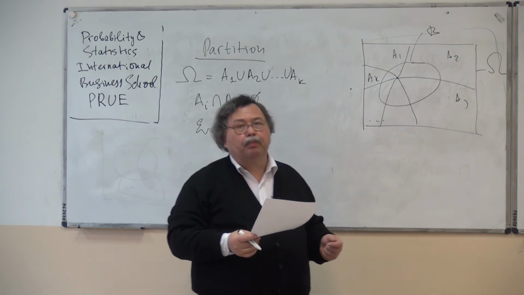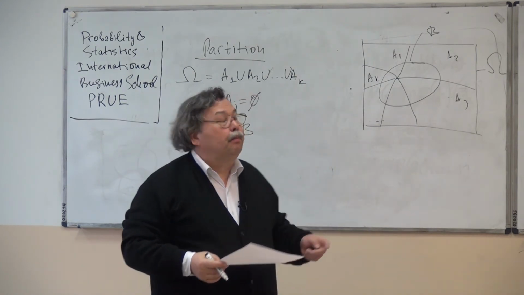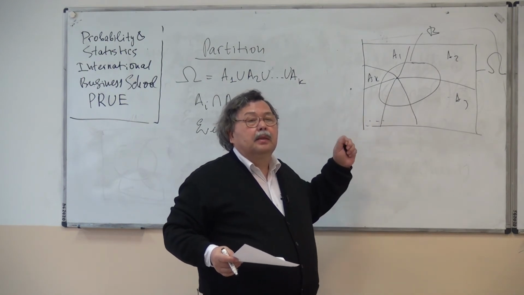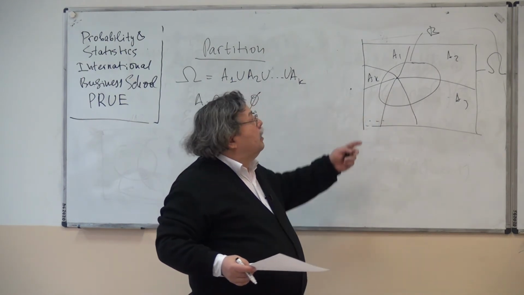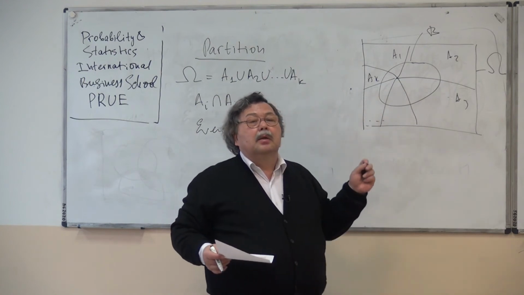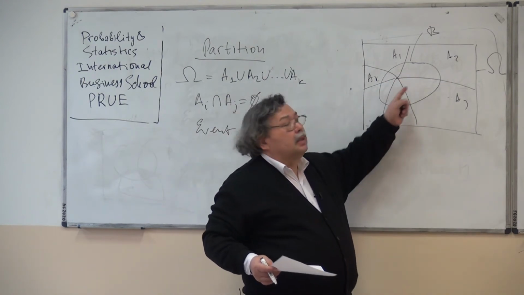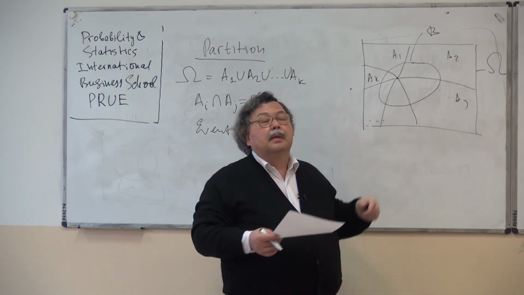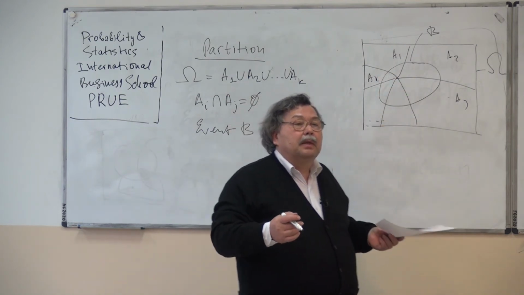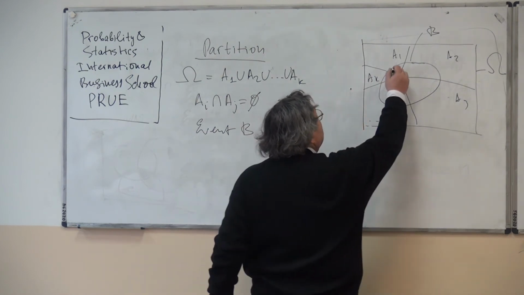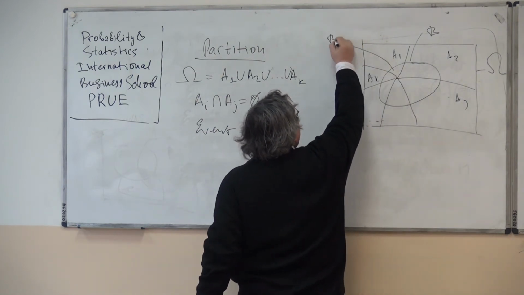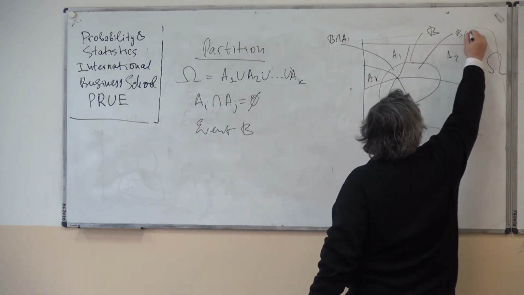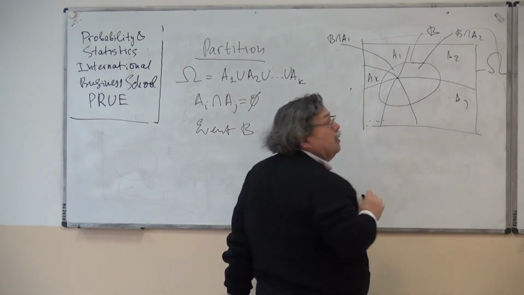Now, any event B that we may be interested in consists of these pieces that are the intersections of B with the respective events A. This is B intersect A1, this is B intersect A2, and so on.